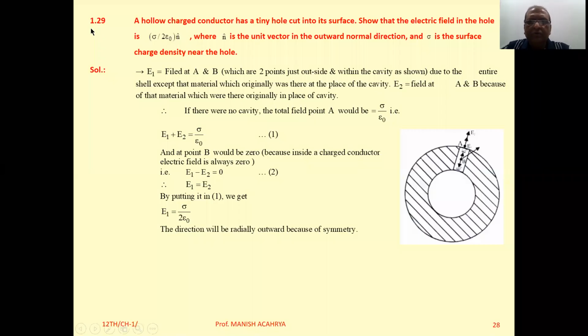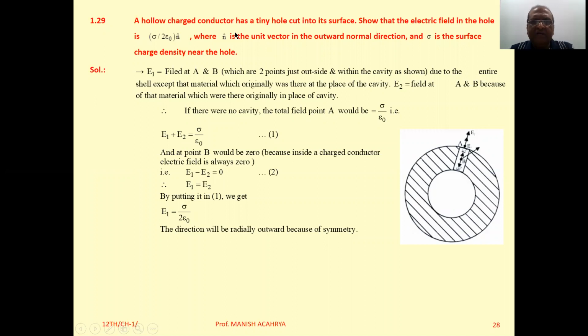Now 1.29. A hollow charged conductor has a tiny hole cut into its surface so that the electric field in the hole is sigma upon 2 epsilon 0 n caret, where n caret is the unit vector in the outward normal direction and sigma is the surface charge density near the hole. Now see this figure.